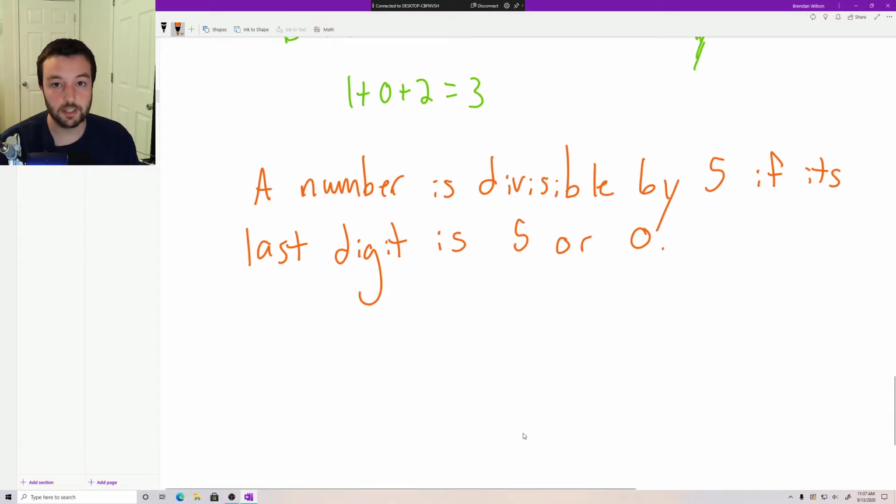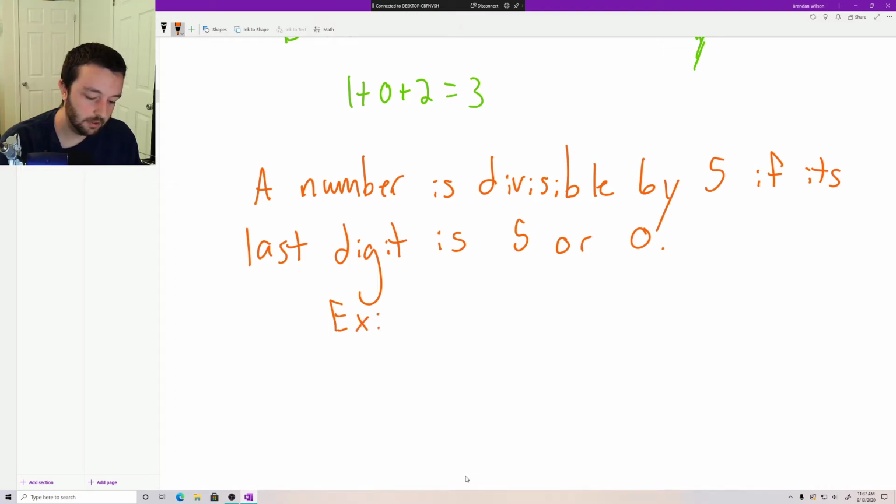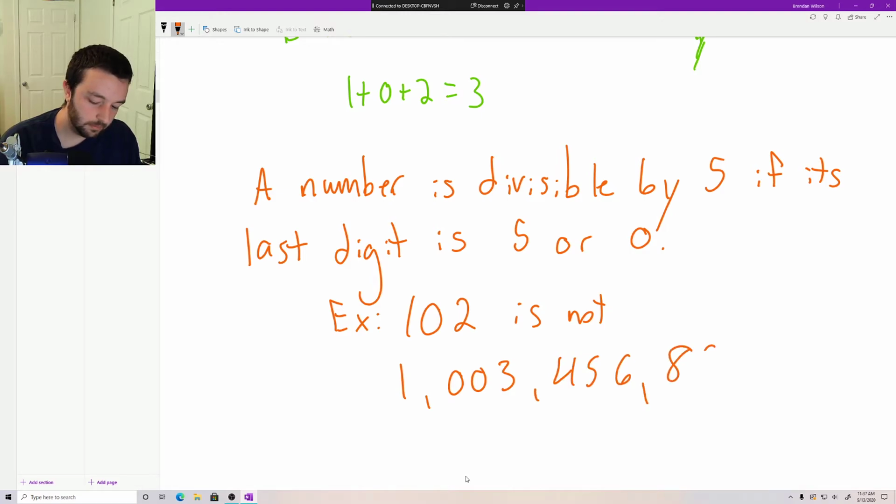So this is another one we can just tell visually. We just look at the last digit. So for example, 102 is not, but this number, 103,456,895, is, because all we care about is that last digit, and it's a 5.